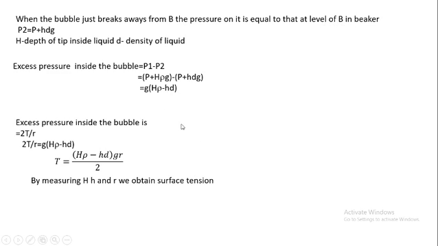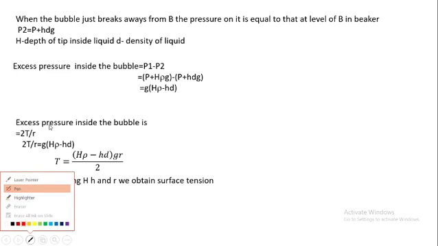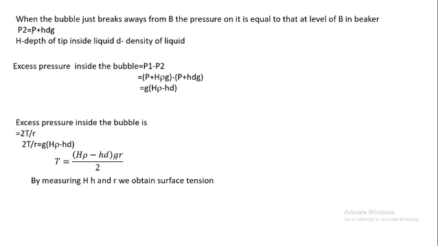So the pressure at point D is P2, which is equal to P plus h d g. Here small h is the depth of the capillary tube end inside the liquid, and d is the density of the liquid.